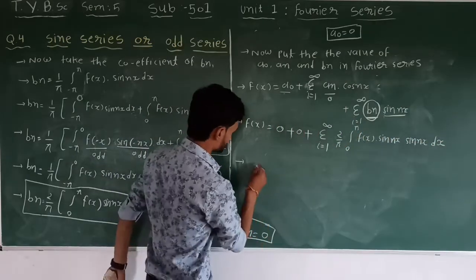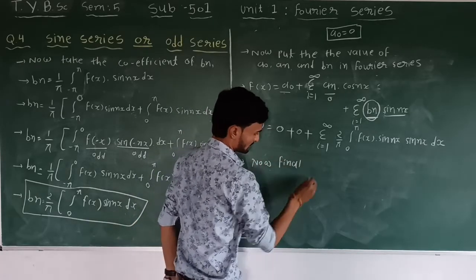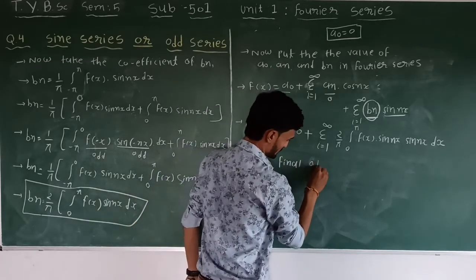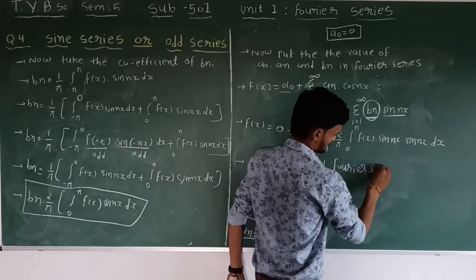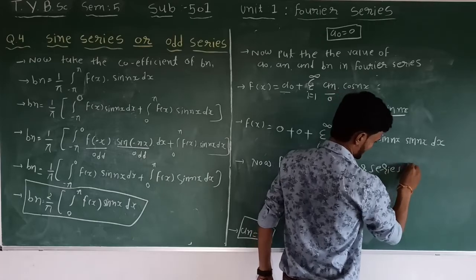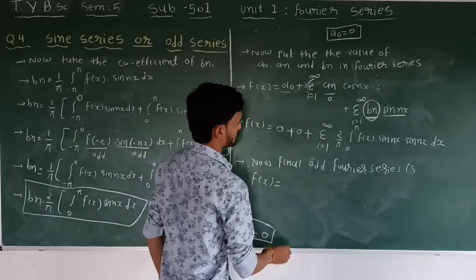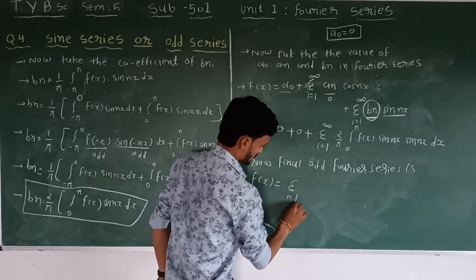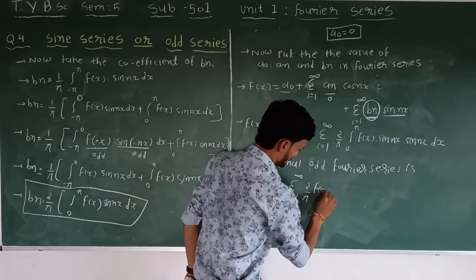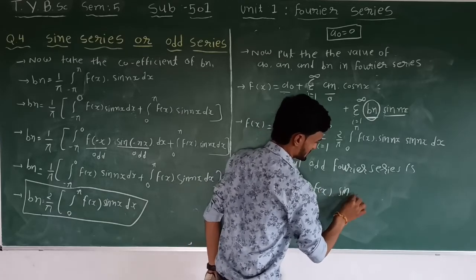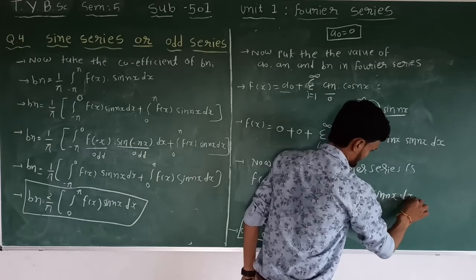So the final Fourier series is f of x equal to summation from 1 to infinity of 2 upon pi, integral of f of x into sin nx dx, times sin nx.